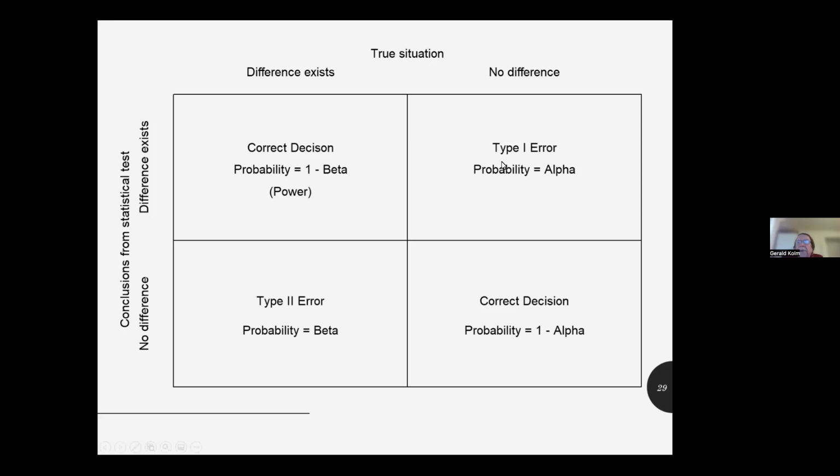However, the focus is on the type 1 error because you don't really want to make this kind of error. This is, for the most part, considered the more serious error, where you say there's a difference, but in the population there's no true difference.